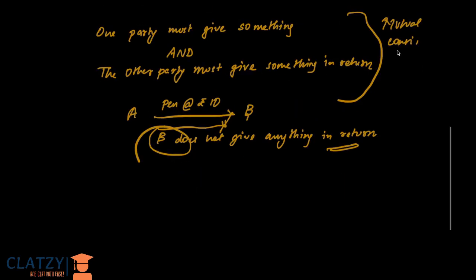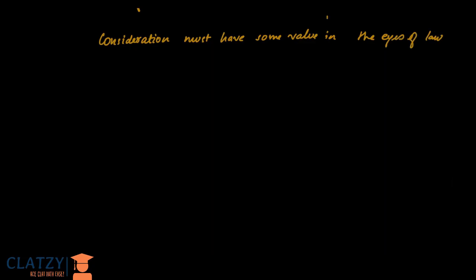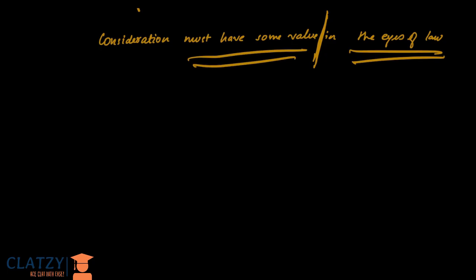We also saw that consideration must have some value in the eyes of law. And we discussed that there are two important elements here. Let's break it down. The first part is till here, and the second part is this.